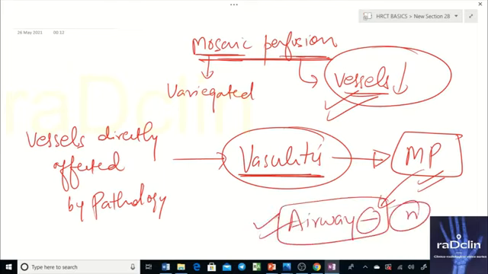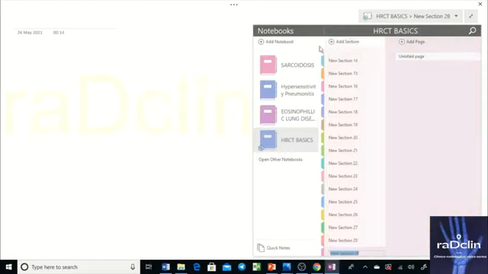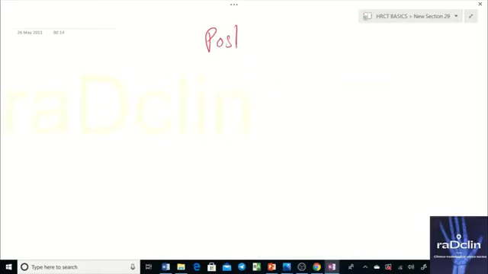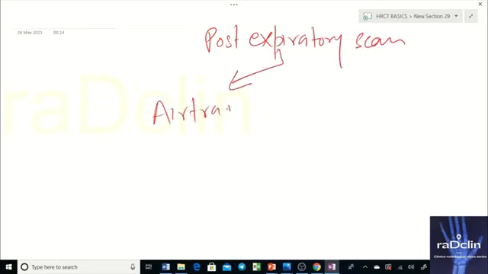So that is why we do the post-expiratory scan. When we do the post-expiratory scan, we are able to tell one thing. On the post-expiratory scan, if you see air trapping, which I just told you what it looks like, basically those areas do not show an increase in lung density that normal lung does.